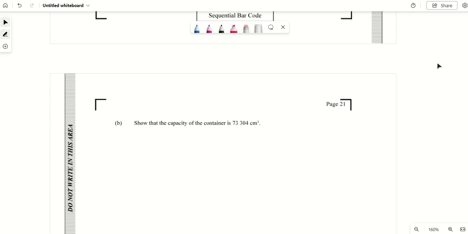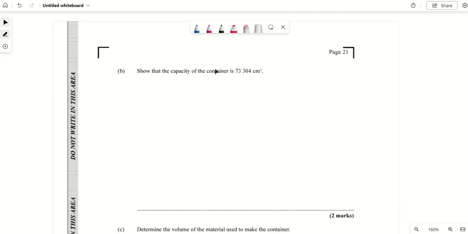Now let's look at part B. Show the capacity of the container is 73,304. When they say capacity, we immediately think volume. Another giveaway that they're asking for volume is the cubed unit.